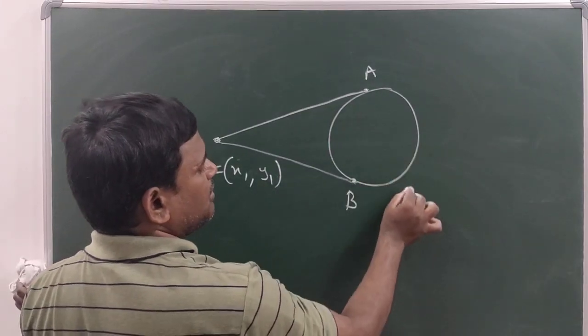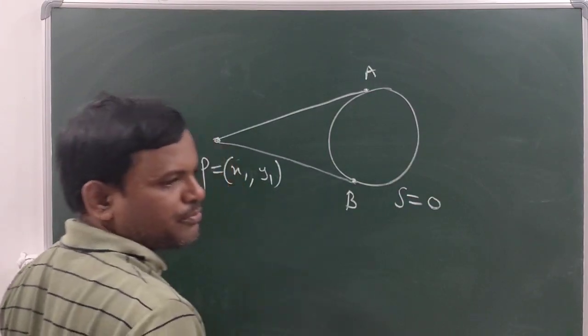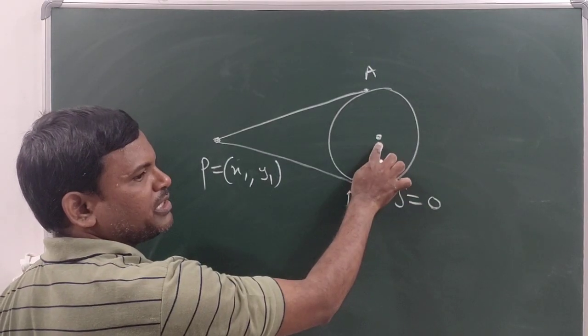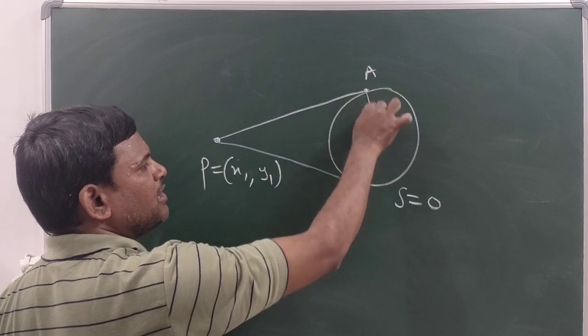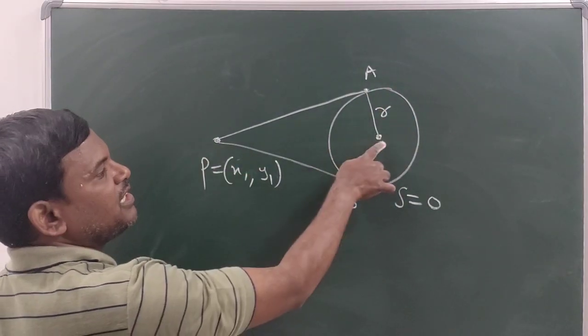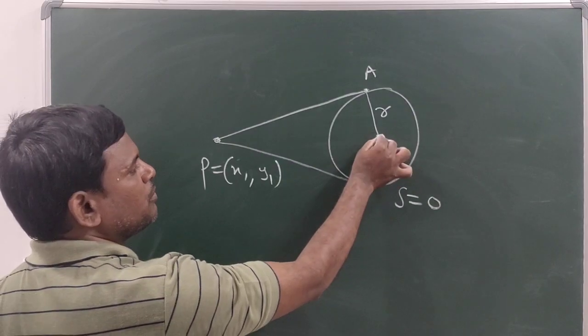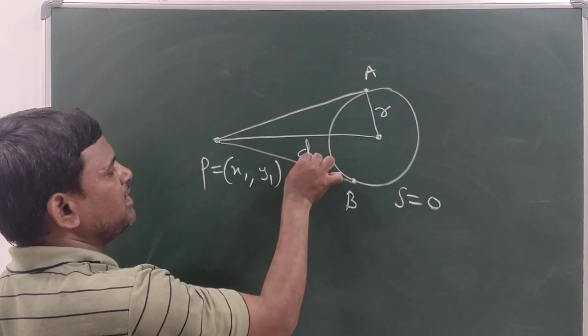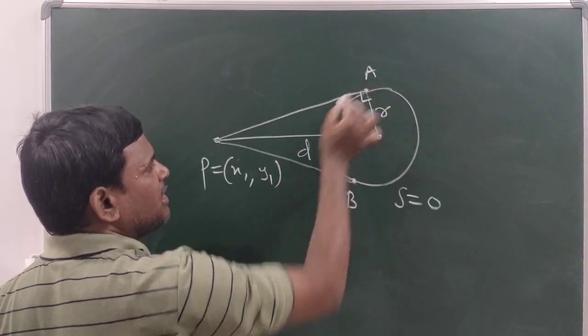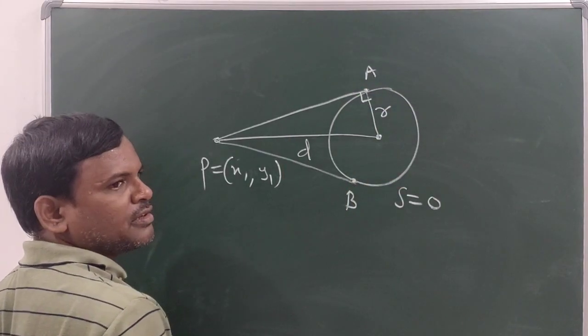So here the equation of the circle is given to you. When the equation of the circle is given, you know how to determine the center and find the radius. And P is given to you. Center you know how to determine. So measure this length, that is d. Now you know the radius makes 90 degrees with the tangent at its point of contact.